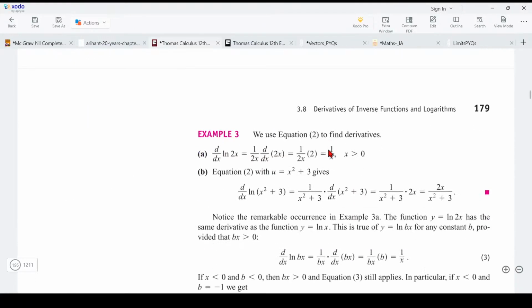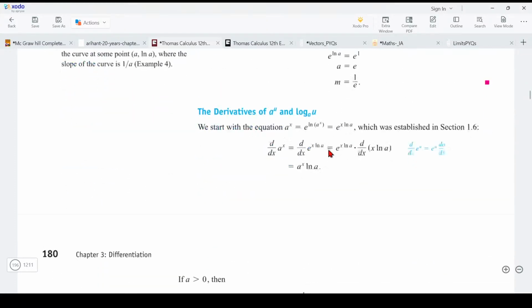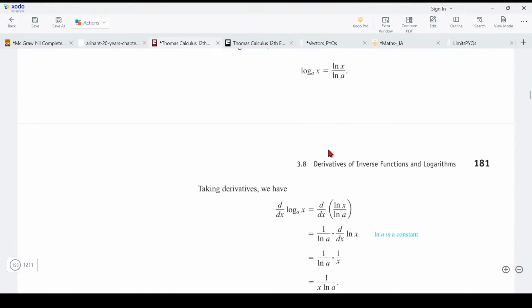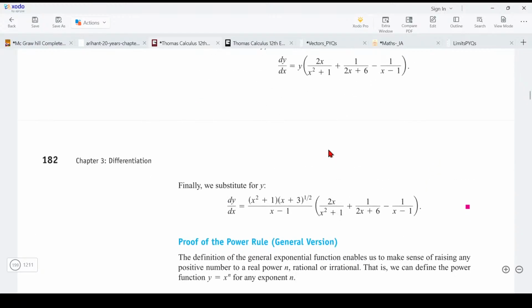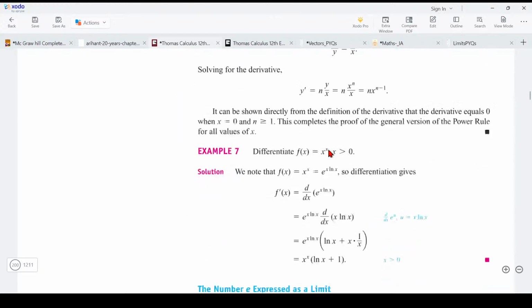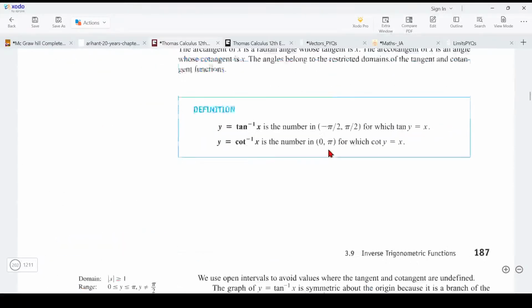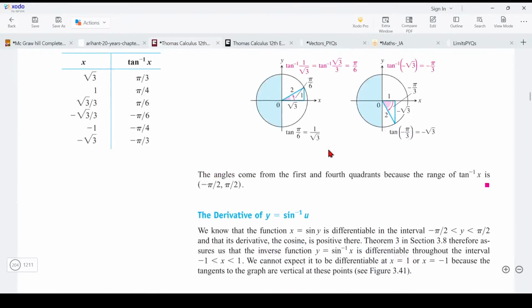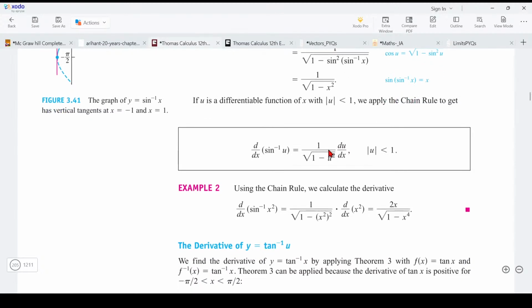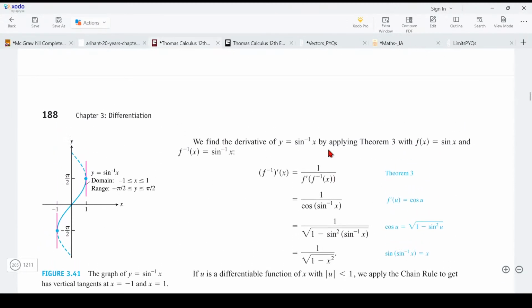1 by root 1 minus x square. F inverse is what?